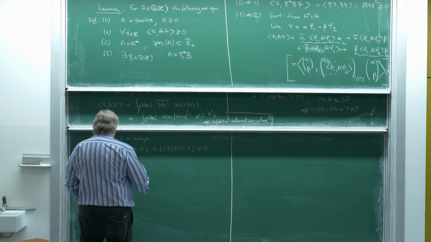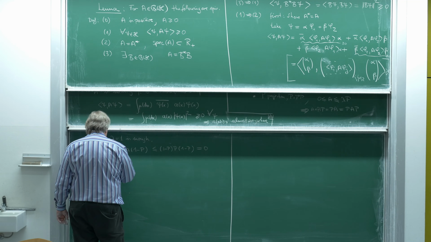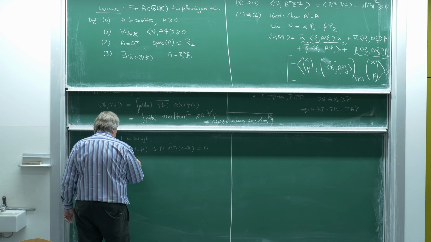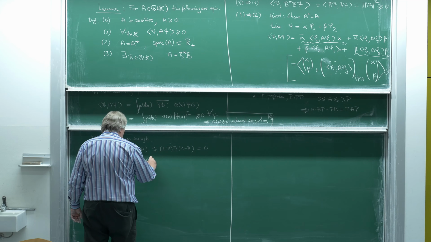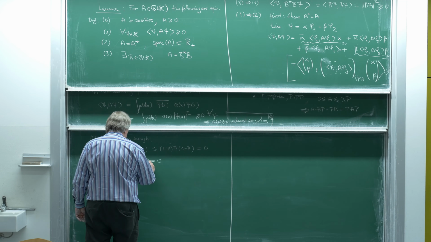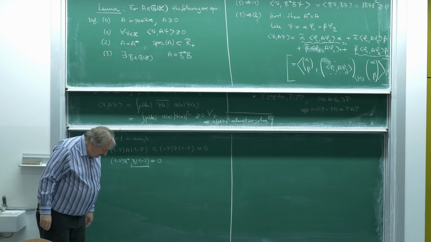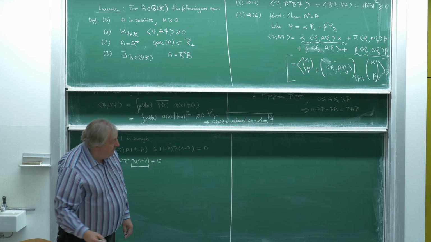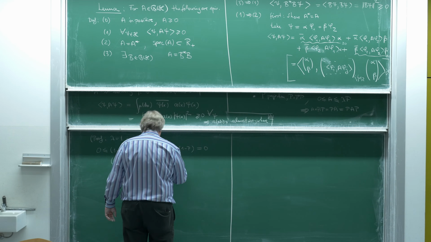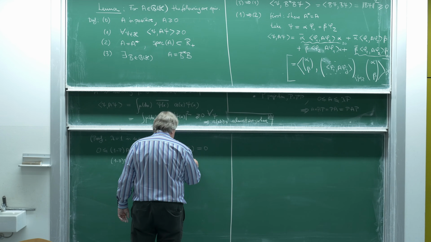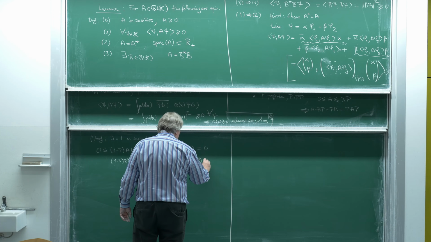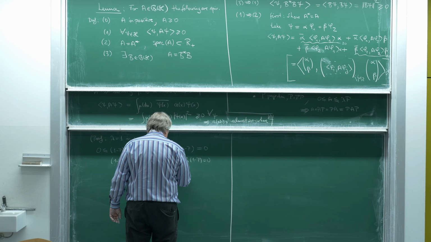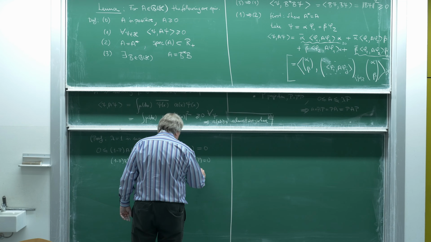Now A is positive, and we can write it as B star B. So we have 1 minus P, B star B, 1 minus P is 0. That's what we conclude. But then it follows that B 1 minus P is 0, but then we can multiply again with B star, and this implies that A 1 minus P is 0.